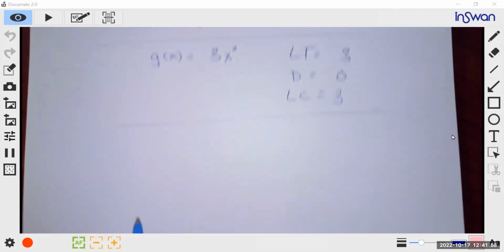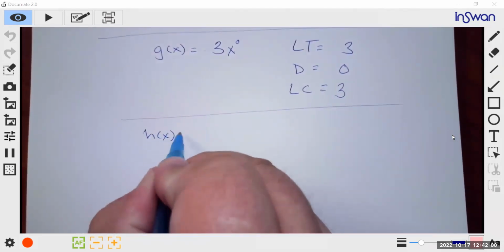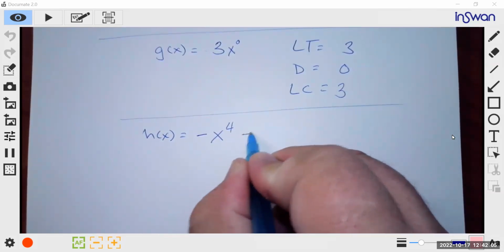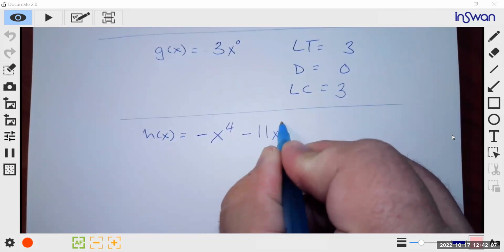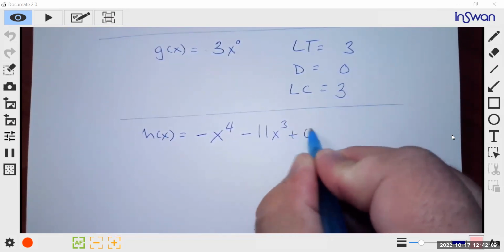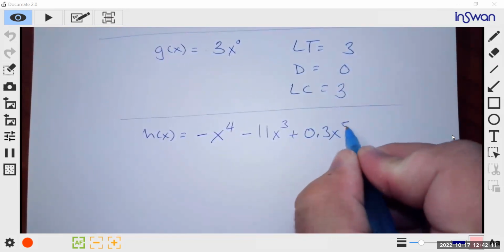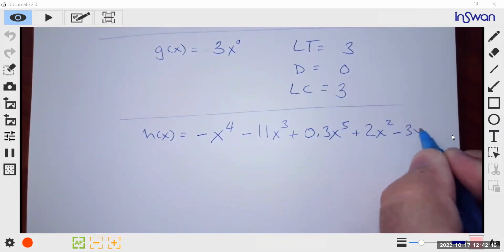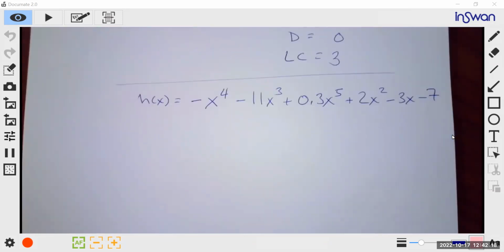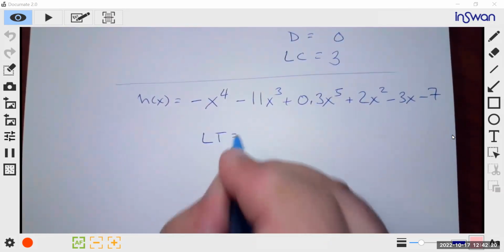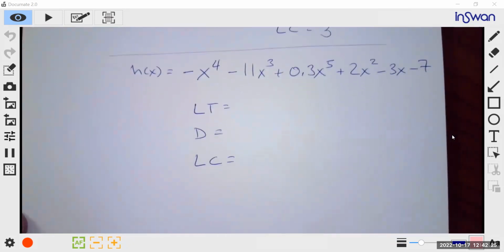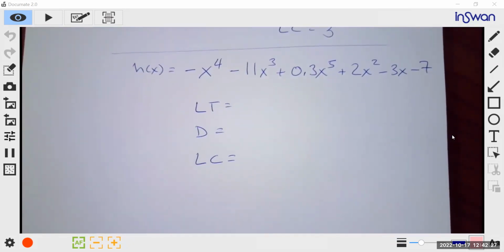One more. Term, degree, leading coefficient. Leading term. 1.3x.